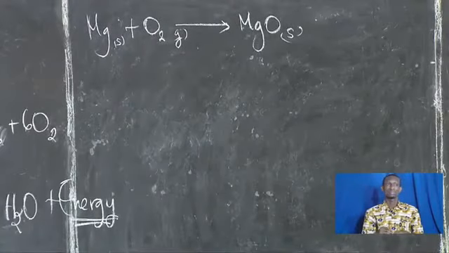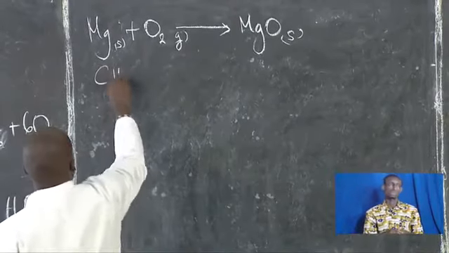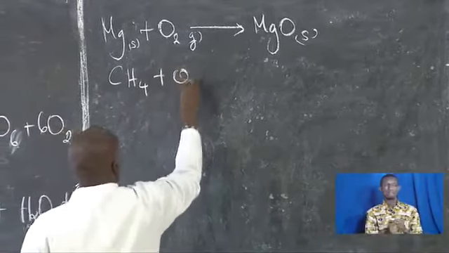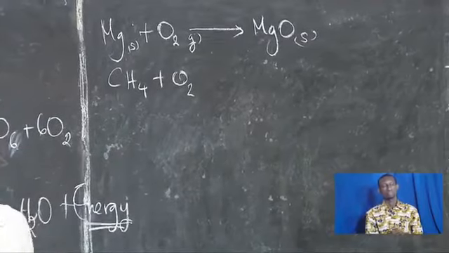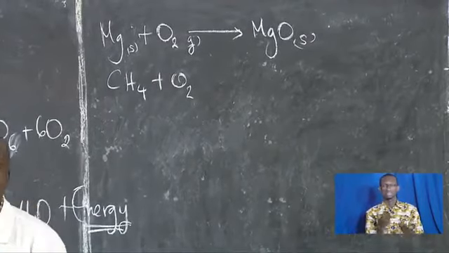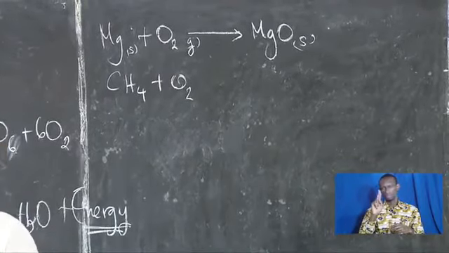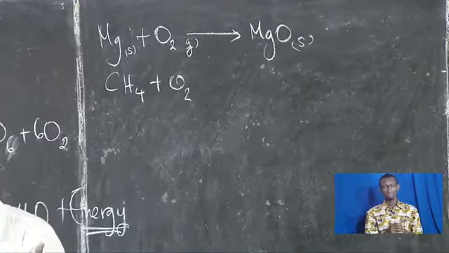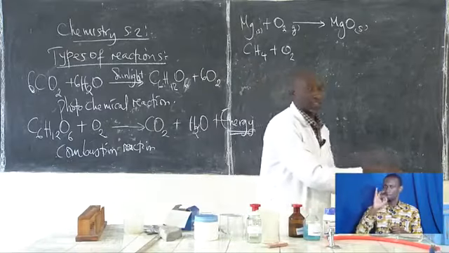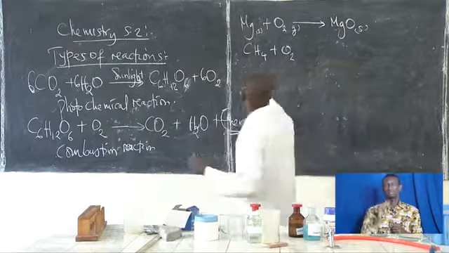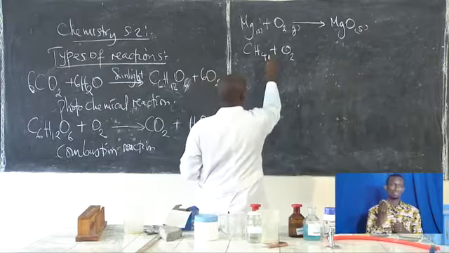You can as well have methane gas. This methane gas is a component of natural liquefied gases. These are the gases that we use in our homes, in those tanks. One of the components is methane gas.